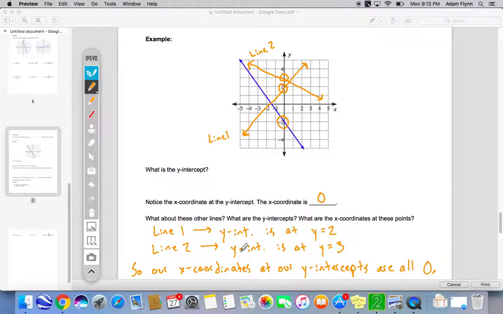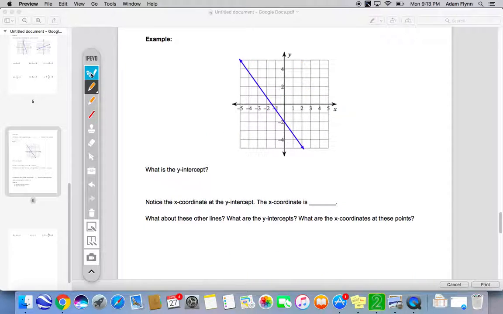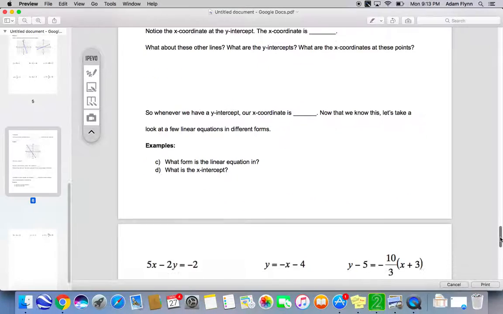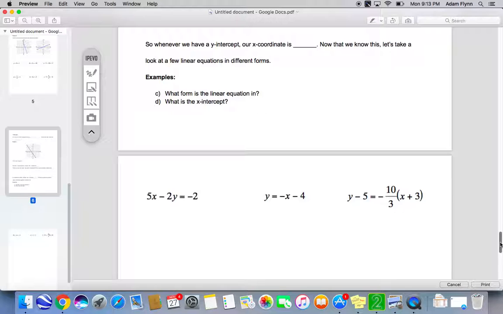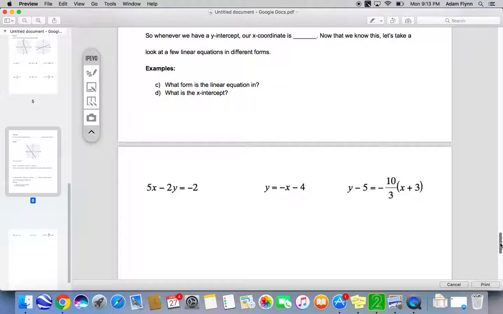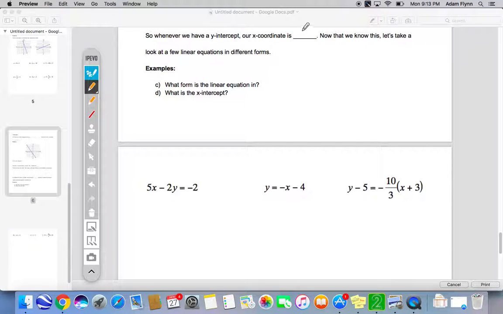Okay, and that'll be important a little bit later down the road. Okay, so pause the video if you need more time. So whenever we have a Y-intercept, our x-coordinate will be 0.